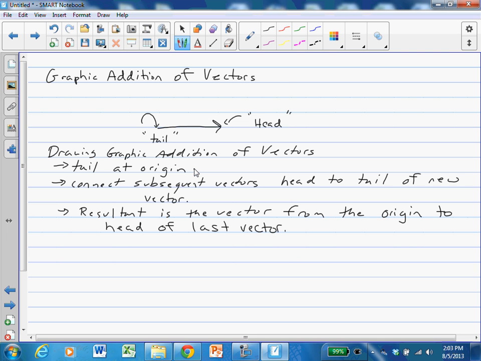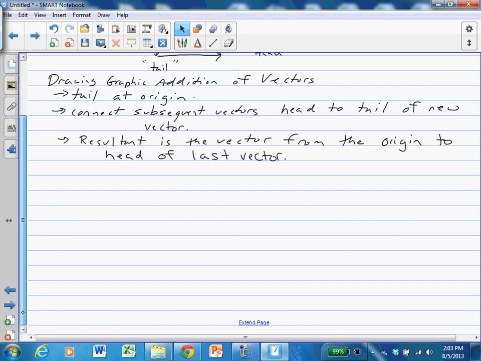We need examples. Let's say we're given the scale. We use a simple XY scale, like that. And 1 centimeter equals 3 meters.